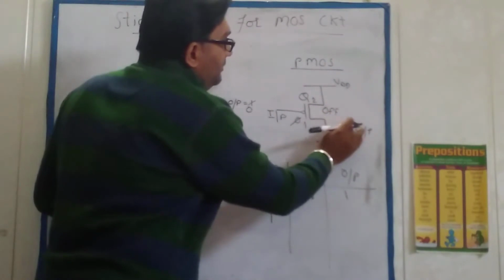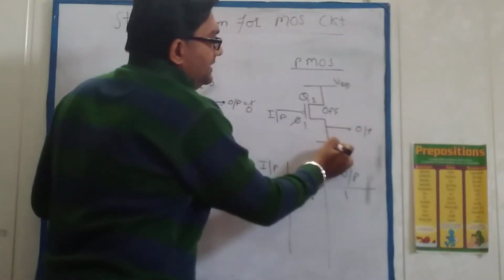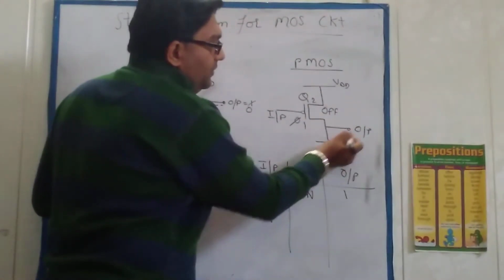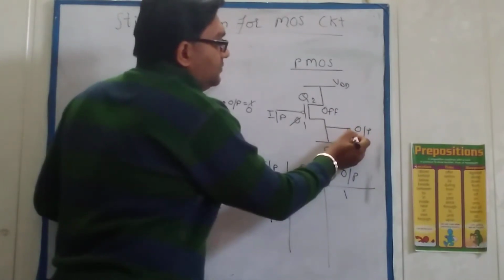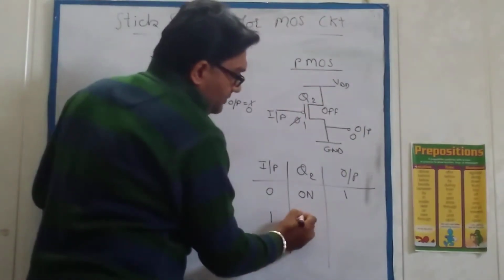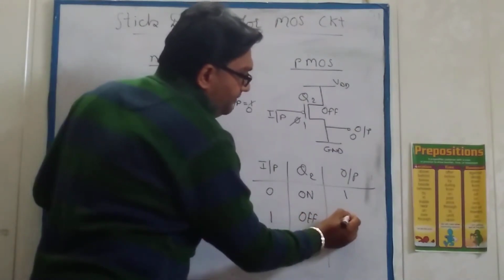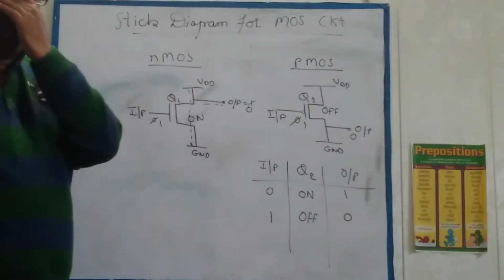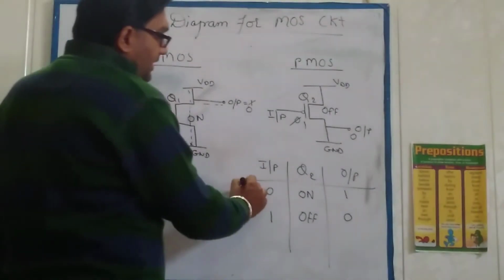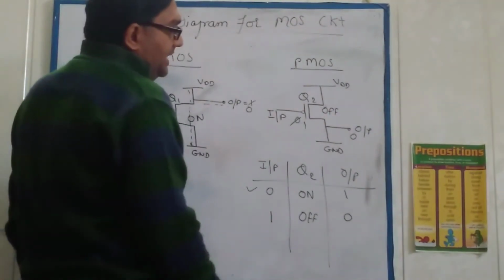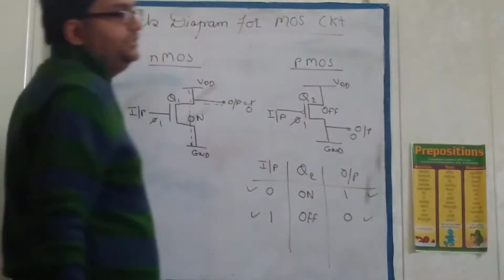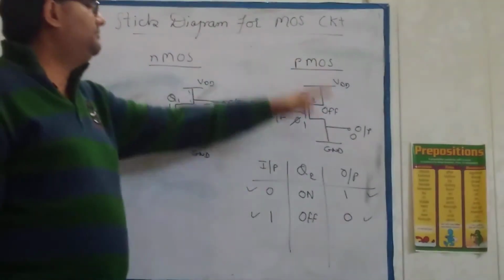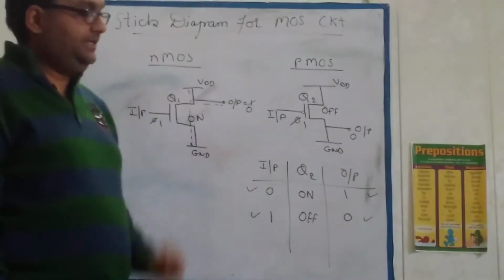So the output, as it is directly connected to the ground, is at the same potential as the ground, and ground is 0 potential, so I will get 0 at the output. As the transistor is off, I will get 0 at the output. So again look at the status. If I apply 0, you will get 1. If I apply 1, the output is 0. So in this way, the PMOS will act as an inverter.